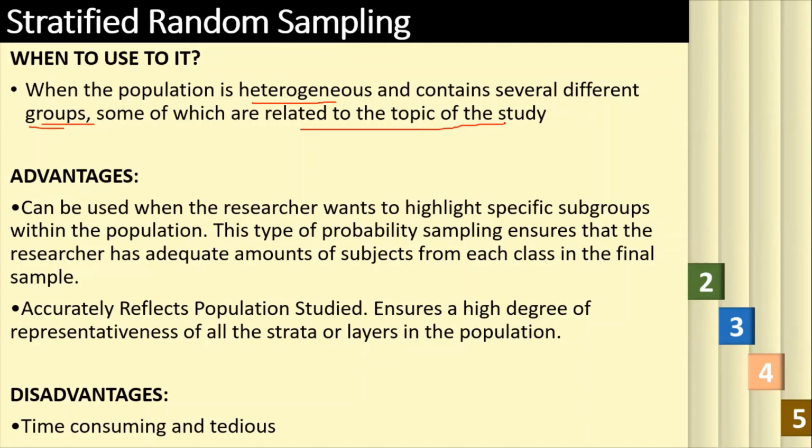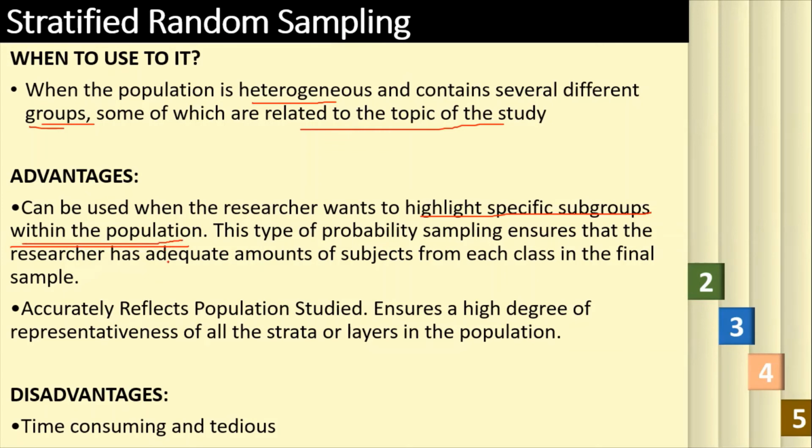Samot na if gusto ka nga each group is representative, then mas better option siya nga sampling technique. So, advantages: it can be used when the researcher wants to highlight a specific subgroup within the population.